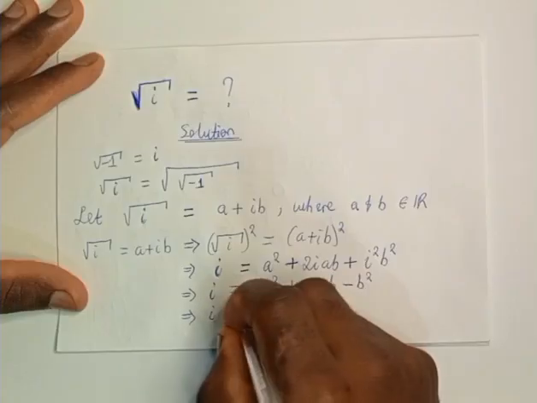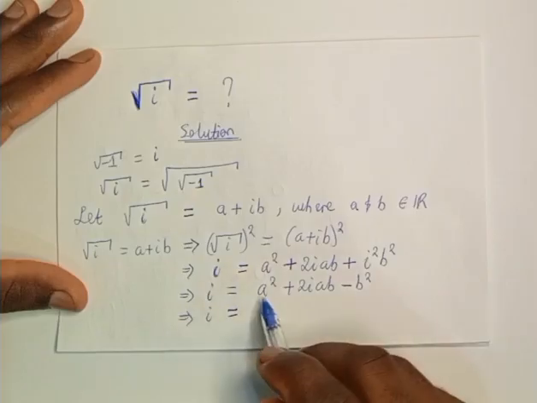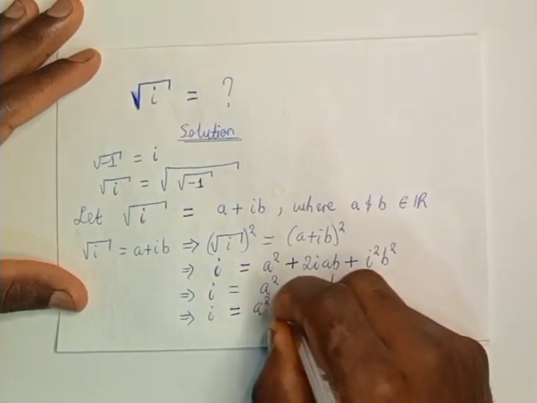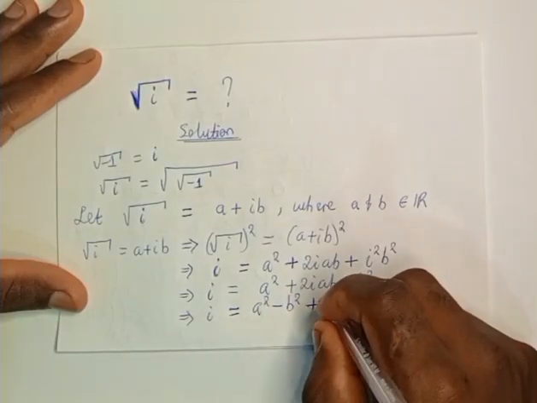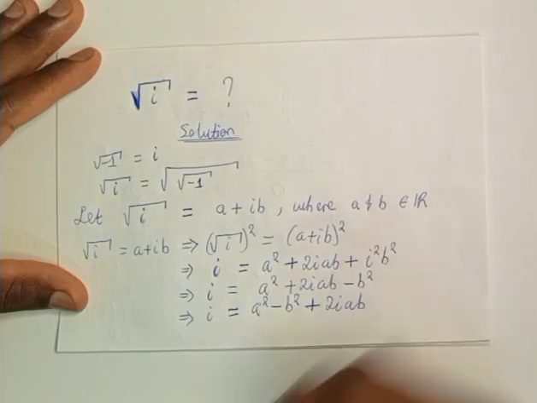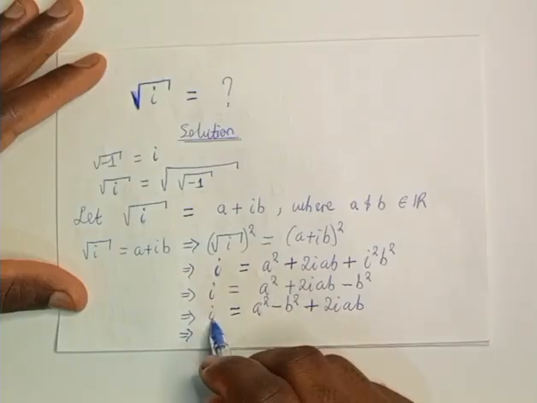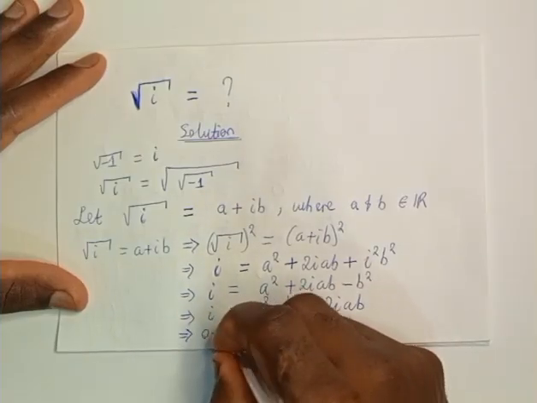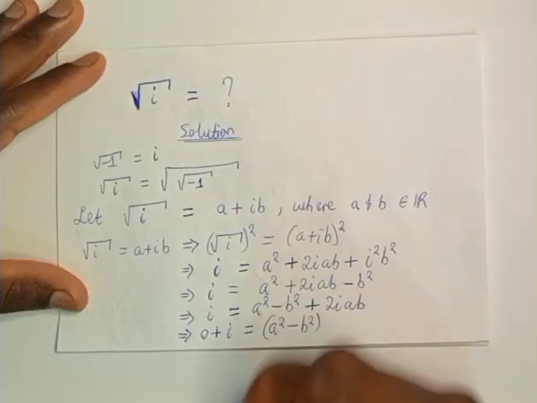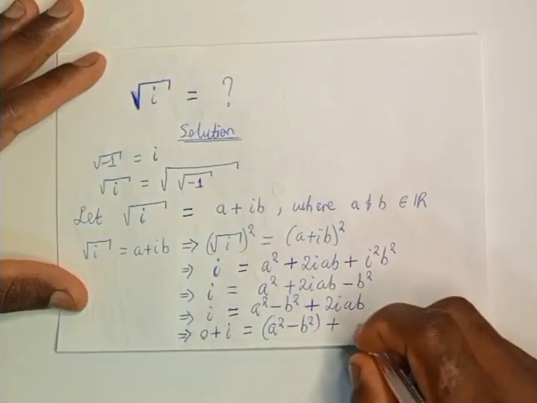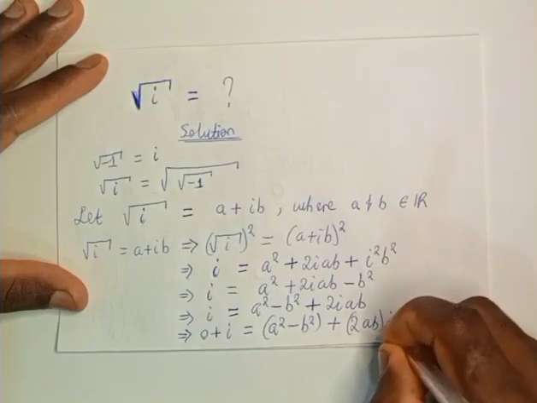Then i will be equal to, we bring the real parts together, a squared minus b squared, plus we keep the complex part, which is 2iab. i can be expressed as the real part is 0 plus i, equal to a squared minus b squared plus, you can express this as 2ab in brackets times i.